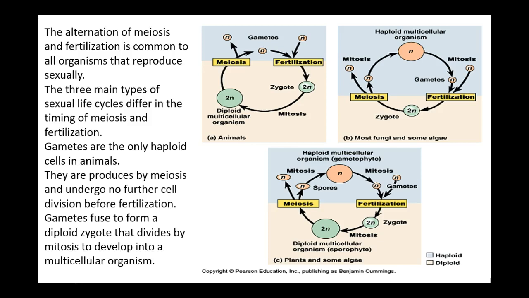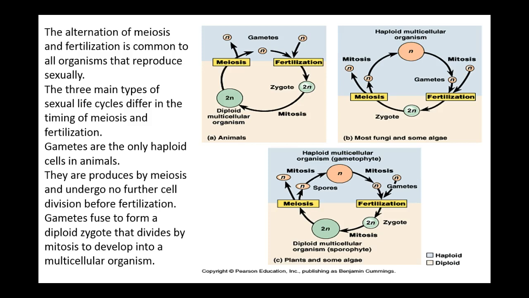That can then create a 2N zygote that can go through meiosis and then create a haploid complement of unicellular organisms that can replicate through mitosis again.